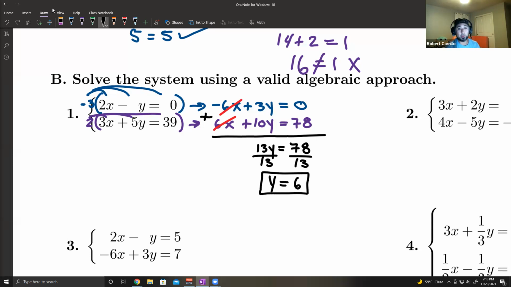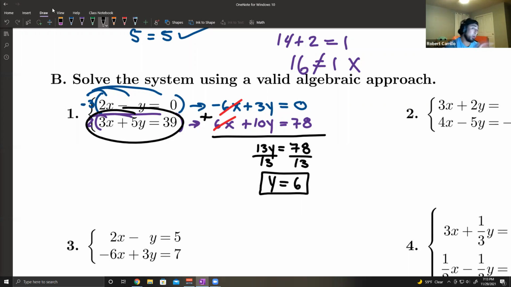Remember, we're looking for the coordinate point x, y. So now, in order to find that x value, since we know that y is equal to 6, you can take this y value and plug it into equation 1 and solve for x, or plug it into equation 2 and solve for x.